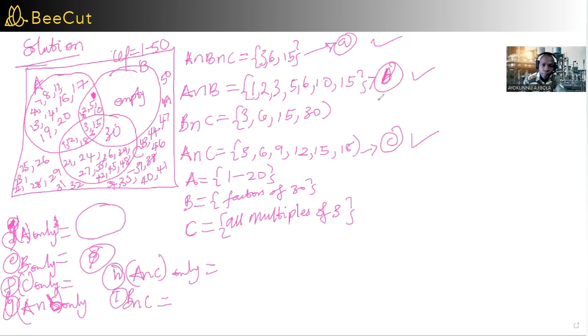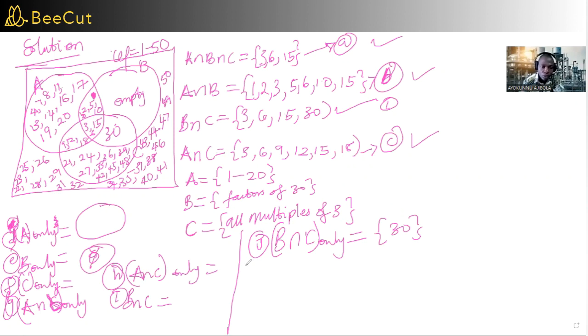That is question I. B intersection C, that is what's common to B and C. Then the next question should be B intersection C only, which is question J. To get B intersection C only, I'm going to go to B intersection C, which are these 1, 2, 3, and 4. Or you remove 3, you write 4, and that is only 30. That is 30, that is in B intersection C only.